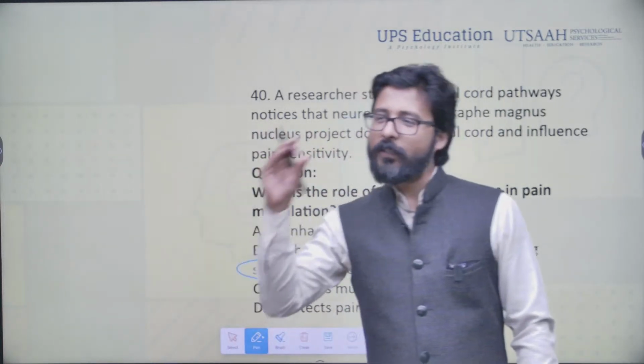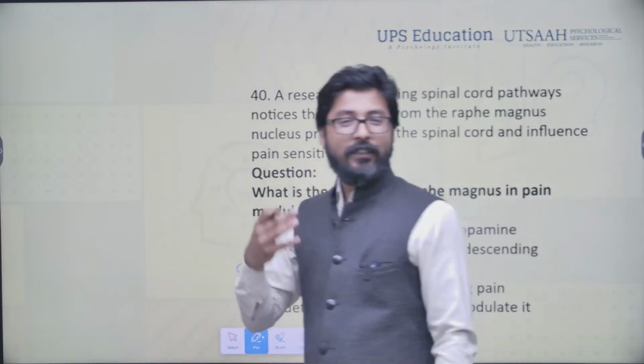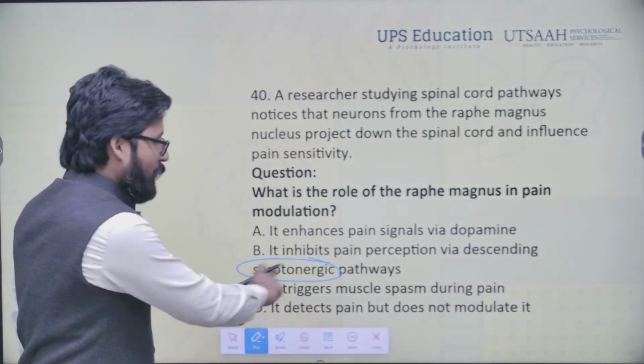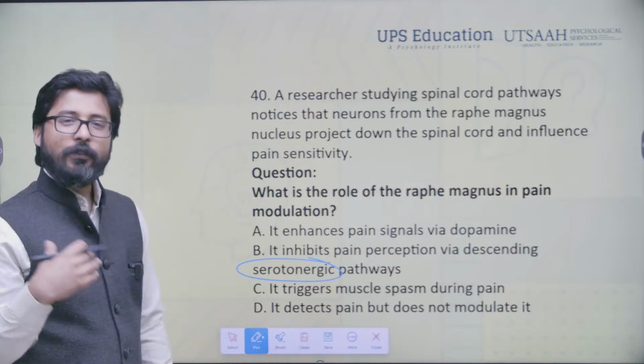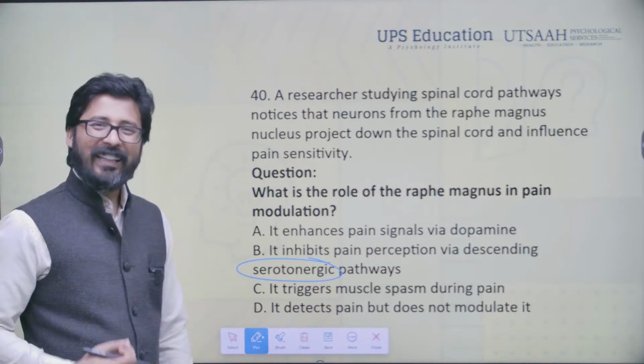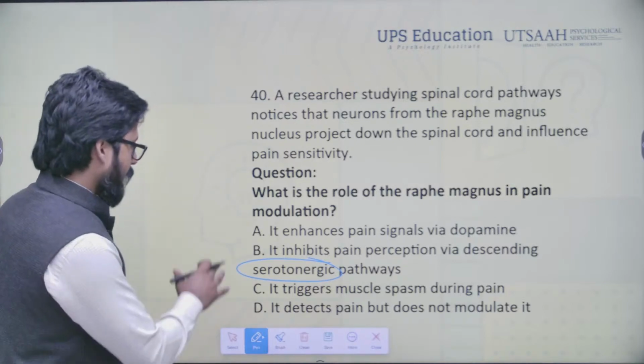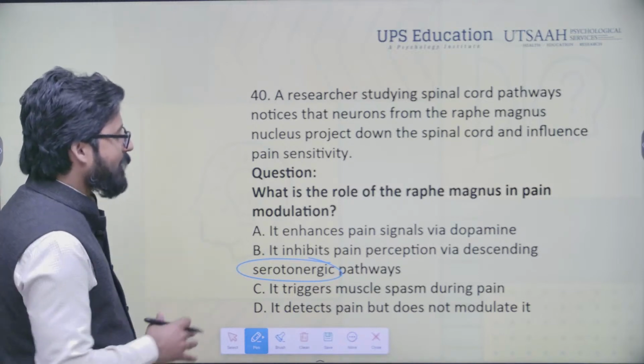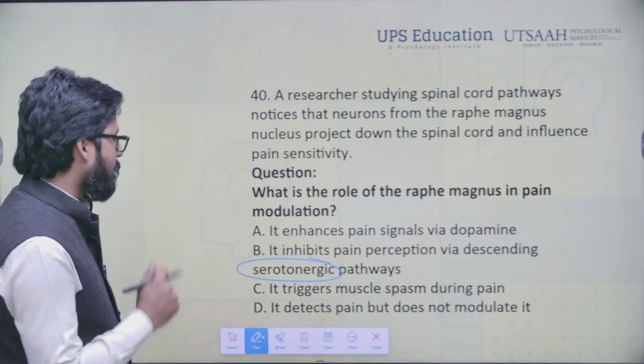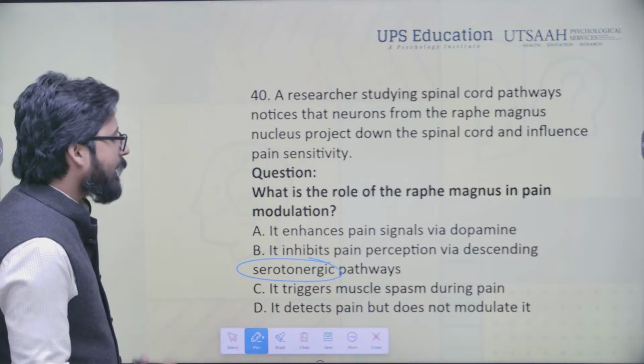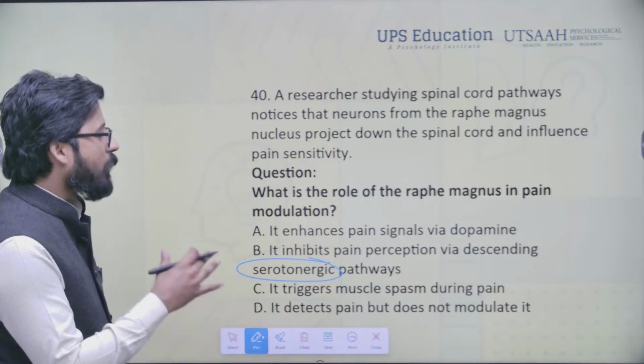Serotonergic neurons are those neurons which contain serotonin. Serotonergic pathway means those pathways that secrete and influence serotonin. Option C mentions it triggers muscle spasms during pain, and D, it detects pain but does not modulate it.